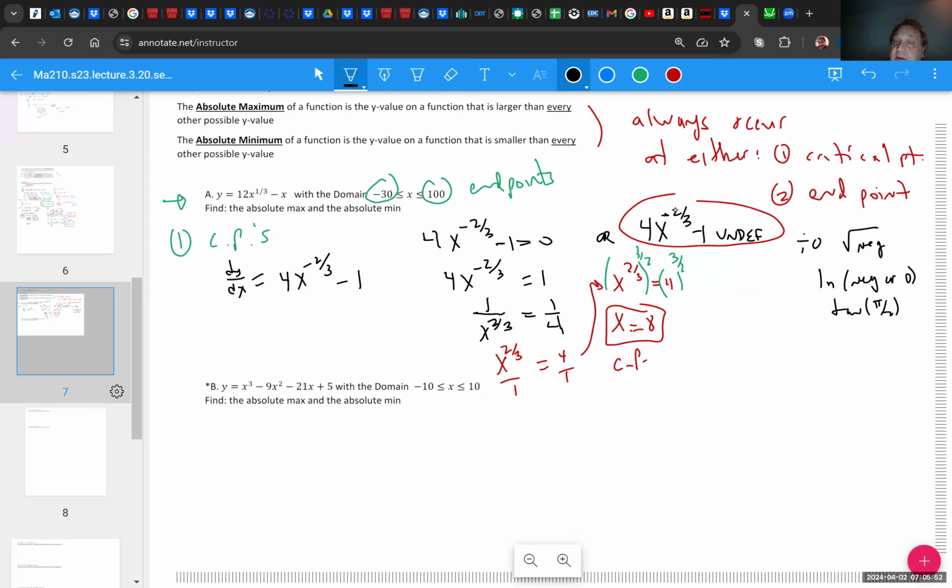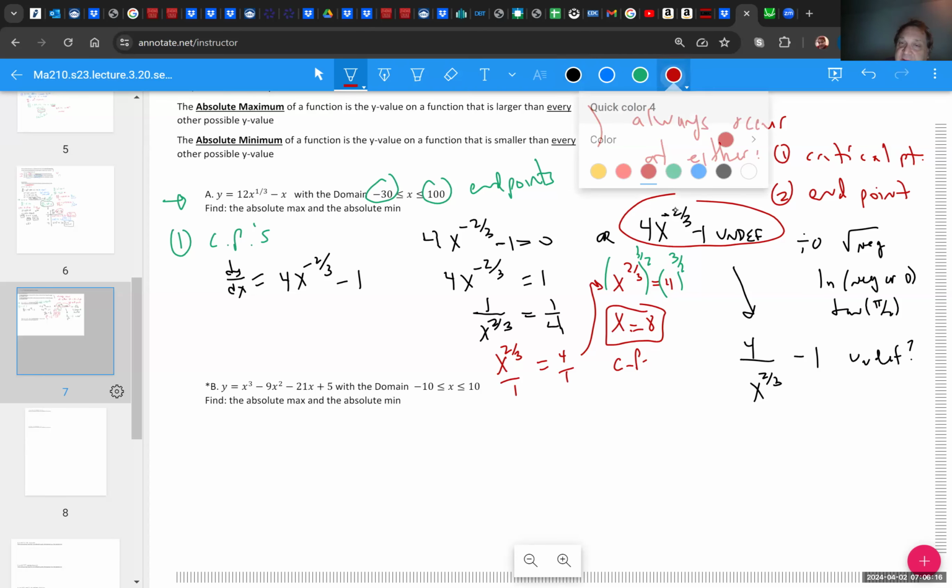In this particular one, we do have a possibility of being undefined by dividing by 0. And that's because a negative exponent is just a code for a reciprocal, for division. So this is really 4 over x to the 2/3 equaling, or minus 1, sorry. And is this undefined?